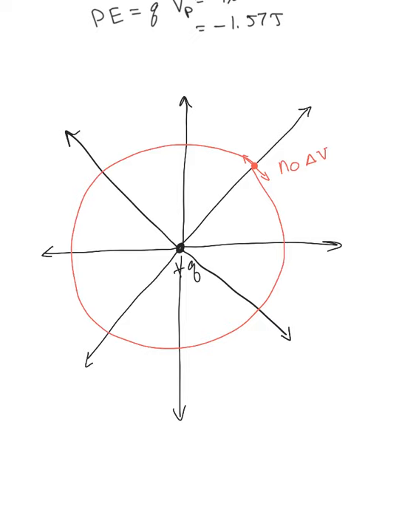But what you'll notice is that every time I cross a field line, so I'll highlight it here in blue, every time I cross a field line, I am perpendicular to that field line. So if I move along this red circle, my electric potential does not change. This is called an equipotential line.